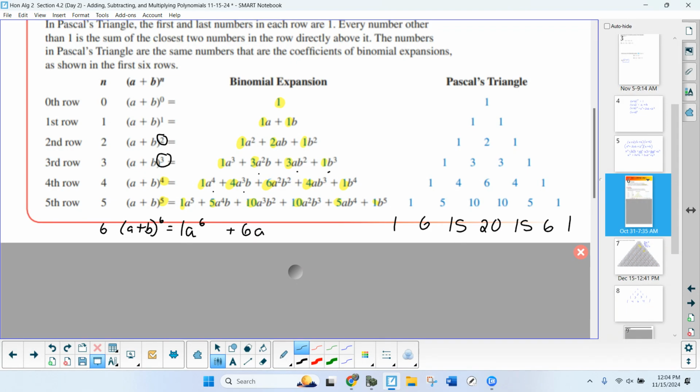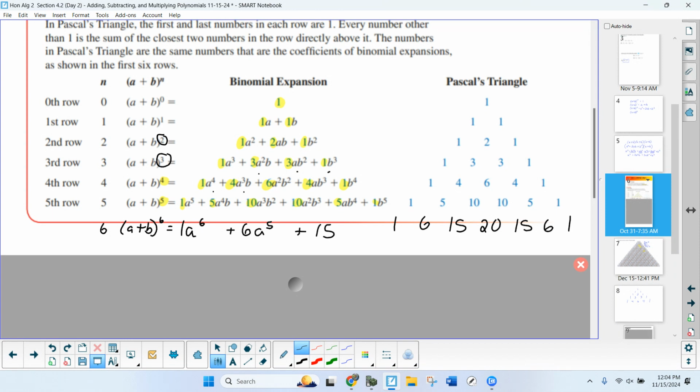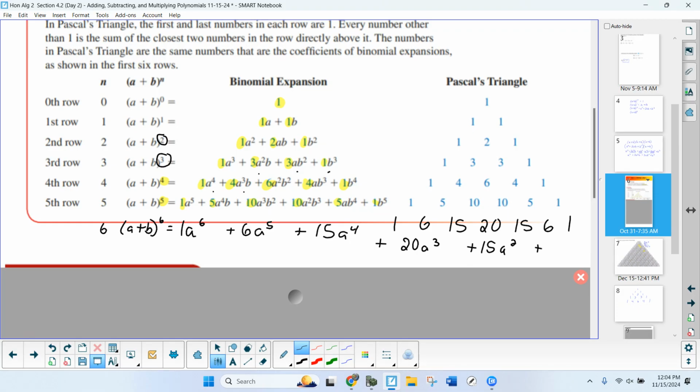And I would go down 1, 5. Okay, how many in the next? What's the coefficient in the next one? 15. How many a's? 4. What's the coefficient in the next one? 20. How many a's? 3. What's the coefficient in the next one? How many a's? 2. What's the coefficient in the next one? How many a's? And then I have a 1 on the end.